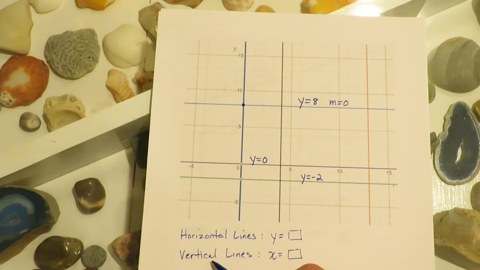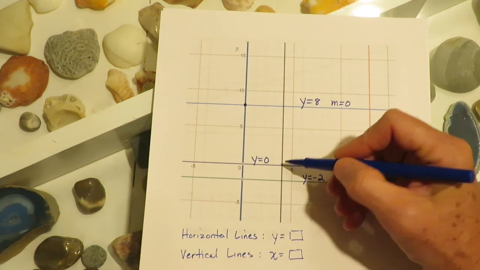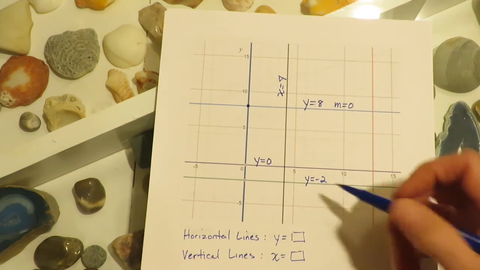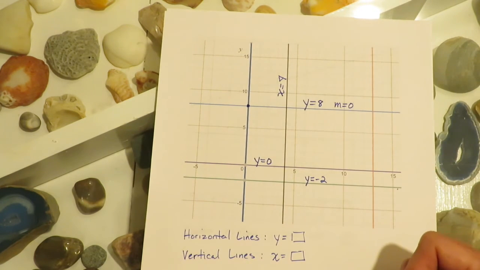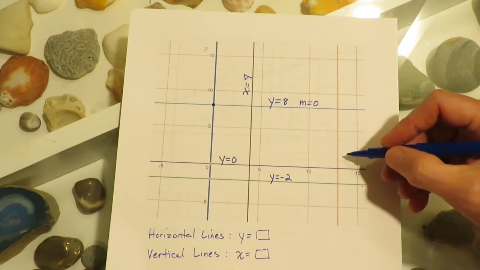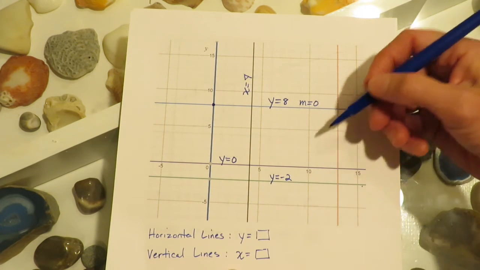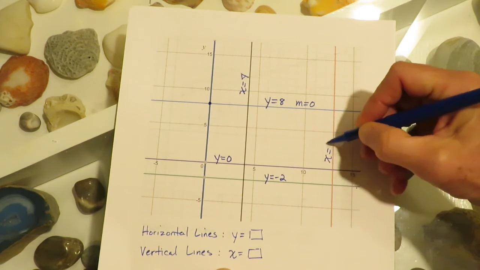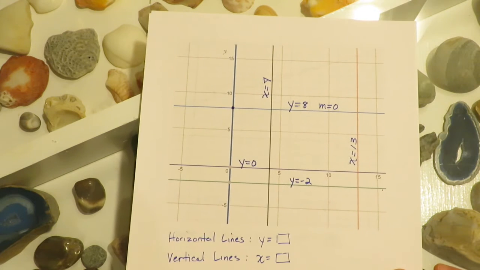Now, if your line's vertical, then x is the same number. That's what makes it vertical. So for example, here it looks like we have x equal to 4. All the x's on that line are 4, so we're just going to write the equation x equals 4. Here we have, well, it looks like 11, 12, 13. So x is equal to 13 everywhere on that line.